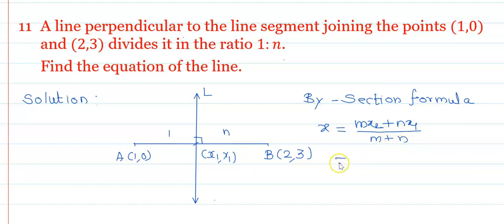Now the value of m is 1 and n is n. Therefore 1 into 2 plus n into 1, the value of x1 is 1, and the denominator m plus n, the value of m is 1 and n is n.